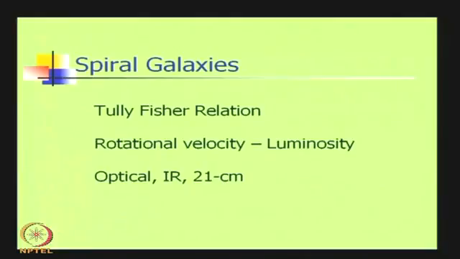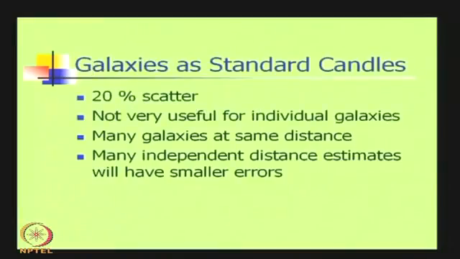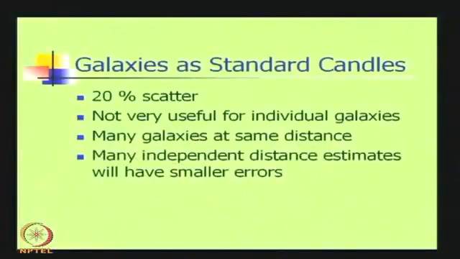Okay, so this is the basic idea. The fact that there are correlations between galaxy properties like luminosity or diameter and other things that you can observe allows us to use galaxies as standard candles or standard rulers. The problem is that there is a 20% scatter in these relations.